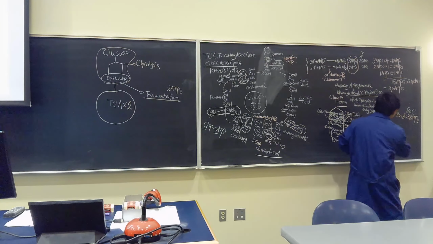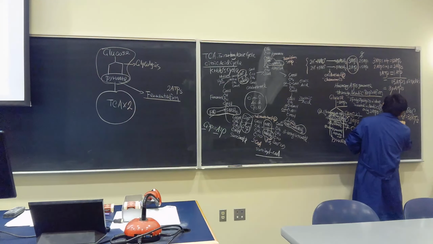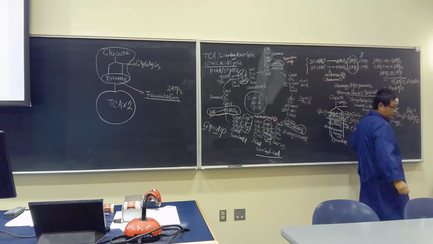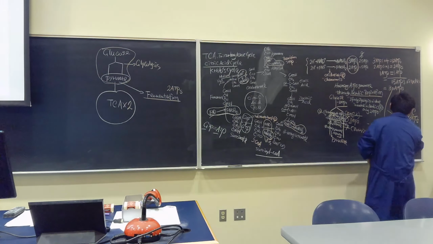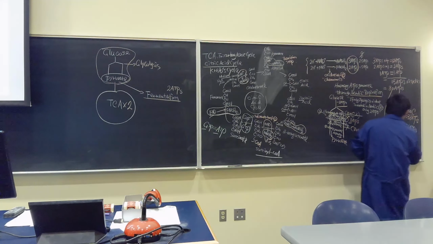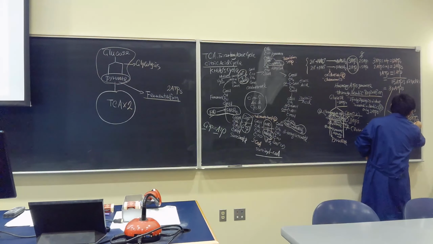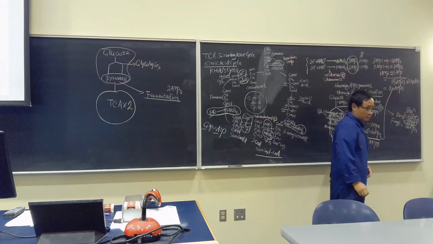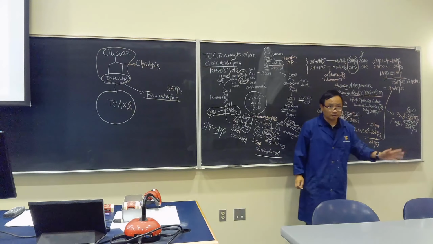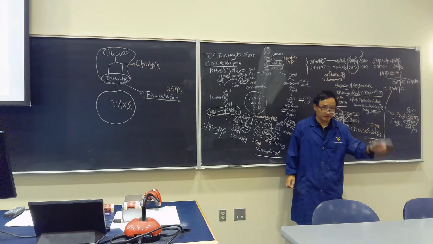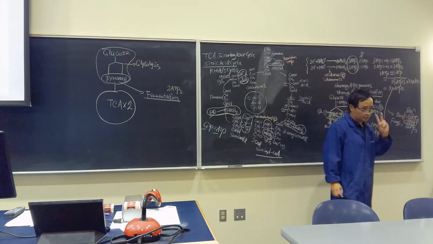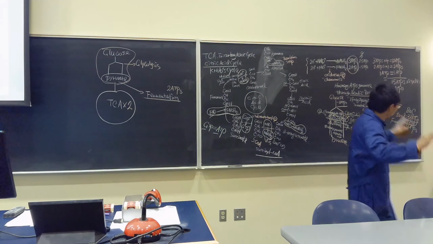But how about fungi? How many ATPs are generated? 36 ATPs. I just tell you the result. It's 36 ATPs. Where do those 2 ATPs go? Passing through the mitochondrial barrier. Like you go to a park, you need to pay the ticket. That 2 is the ticket. Very simple.